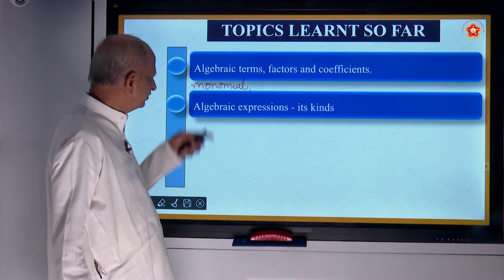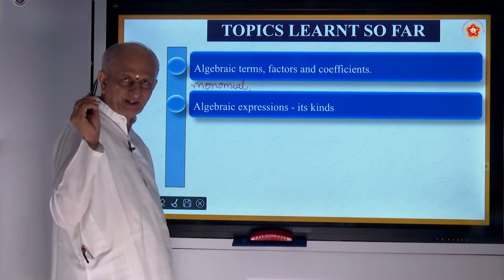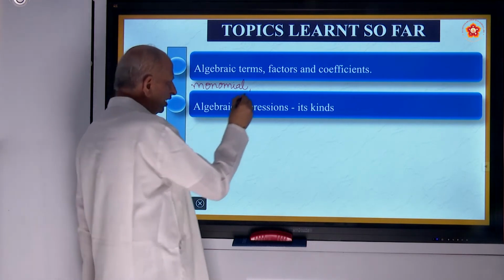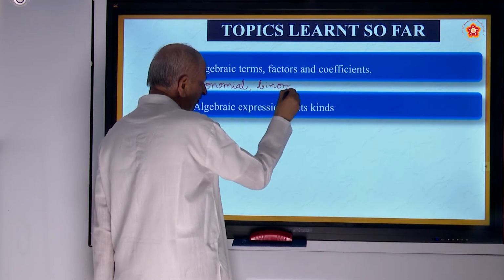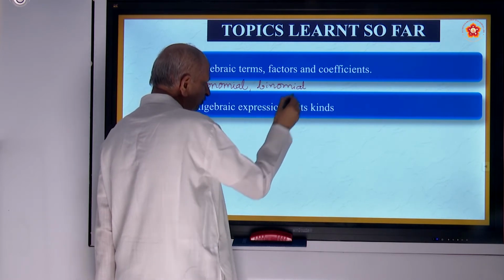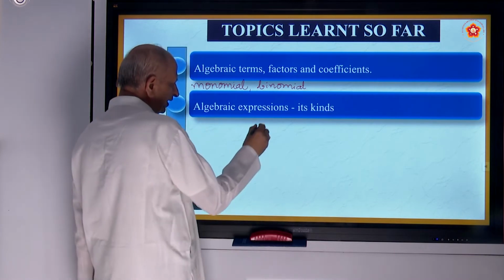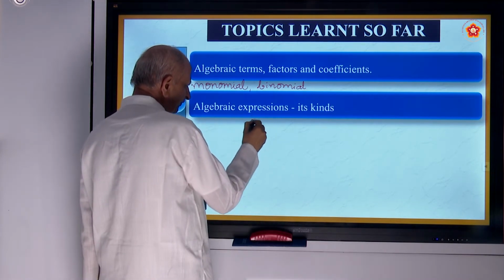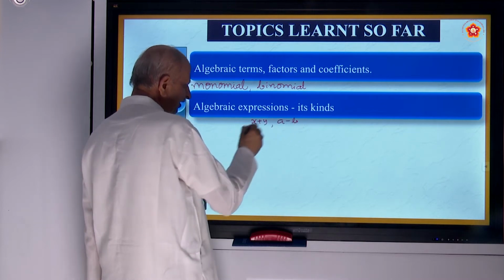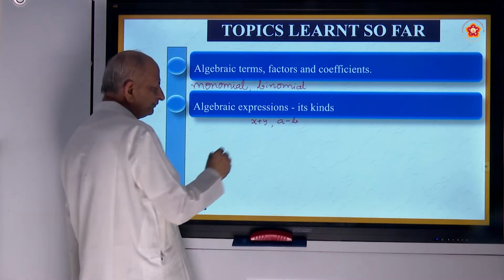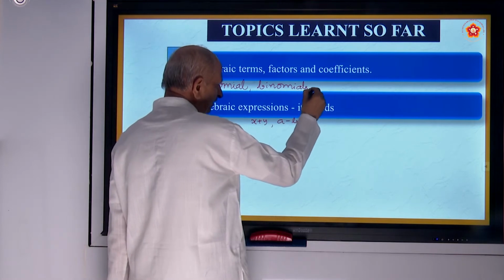Just now we have shown 3a, 4a, 4x, etc. And then you have binomial. Binomial means having 2 terms like x plus y, a minus b, etc. They are called binomials.